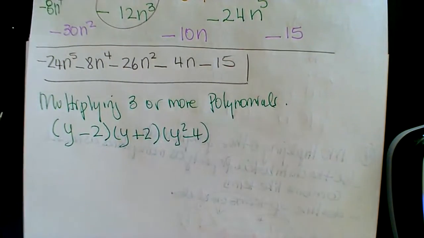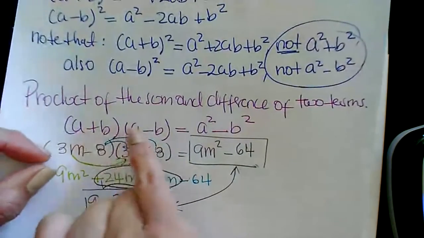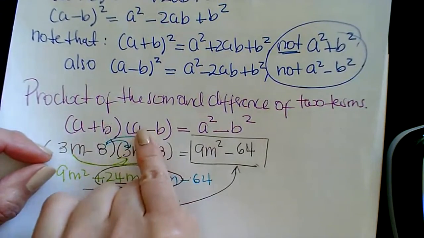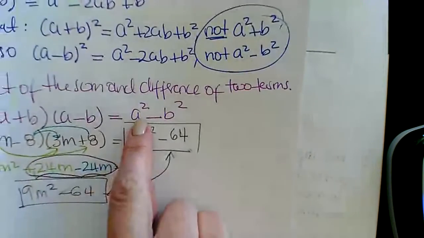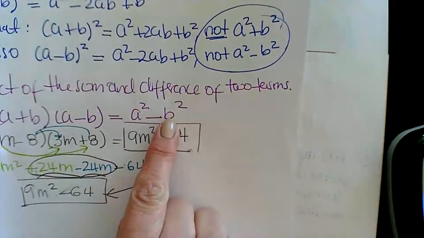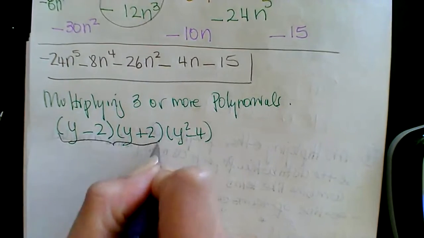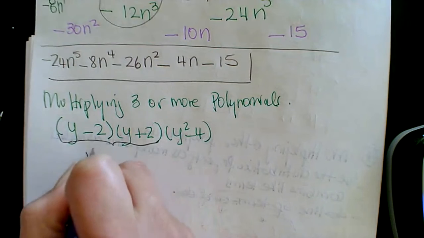What did we say when we have one positive and one negative? The product of the sum and the difference of what? Of two terms was what? A squared minus B squared. Okay, so we could get that from these two.